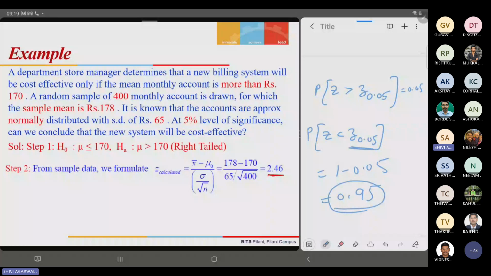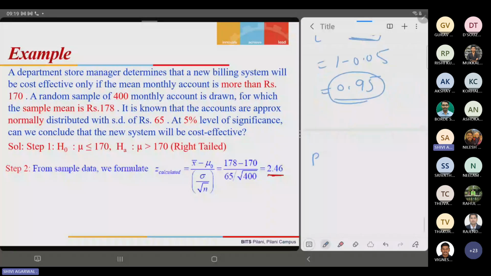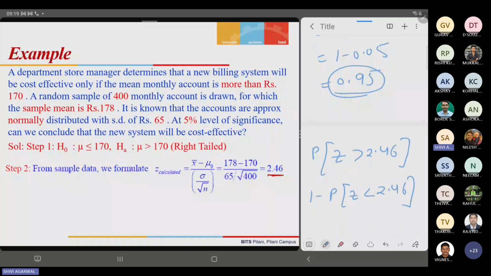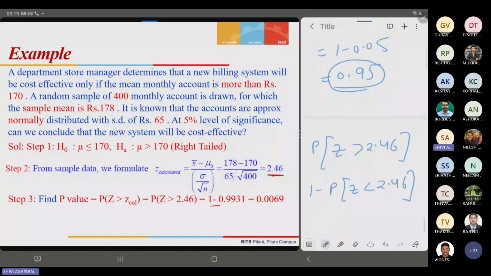Okay, Mr. Vishnu? So now we are just doing here probability of Z is greater than 2.46 because this is a right tail. So that is 1 minus probability when Z is less than 2.46. By the table, it is coming 0.0069.